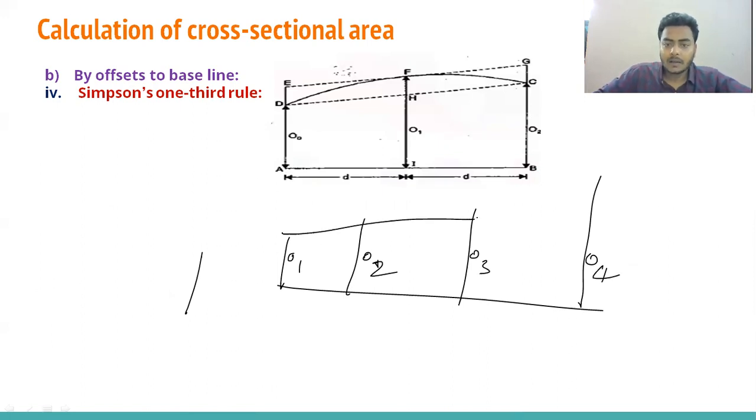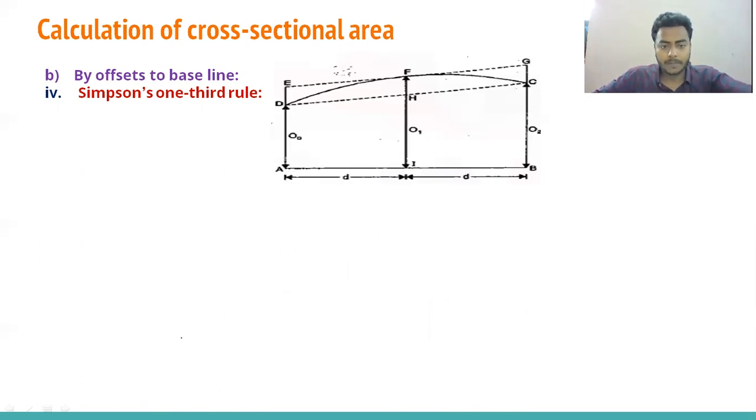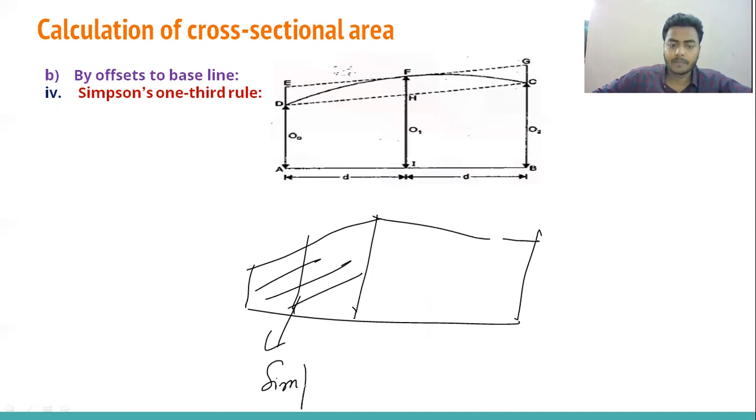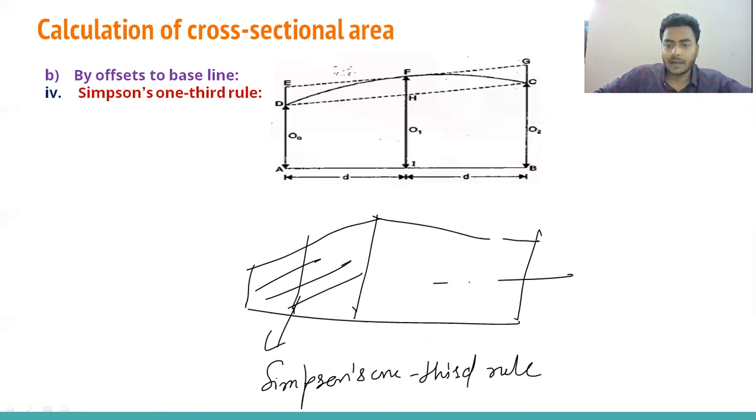We can apply the Simpson rule for the first 3 ordinates only. We calculate this area by Simpson 1/3 rule, and this remaining area by the trapezoidal rule.